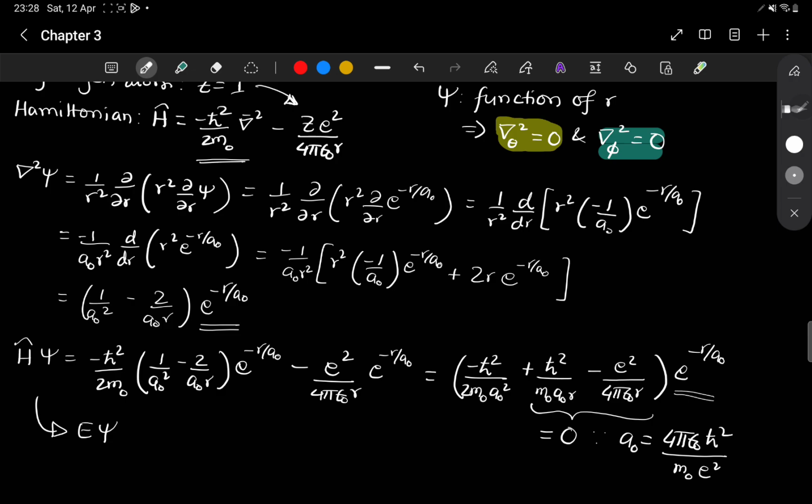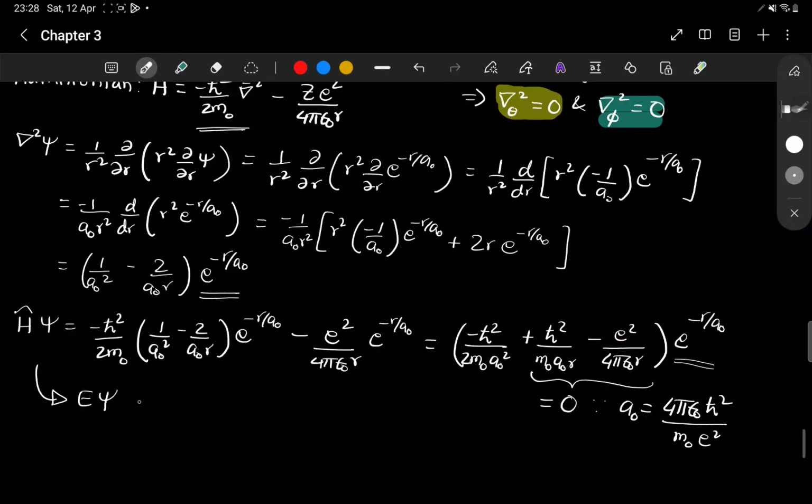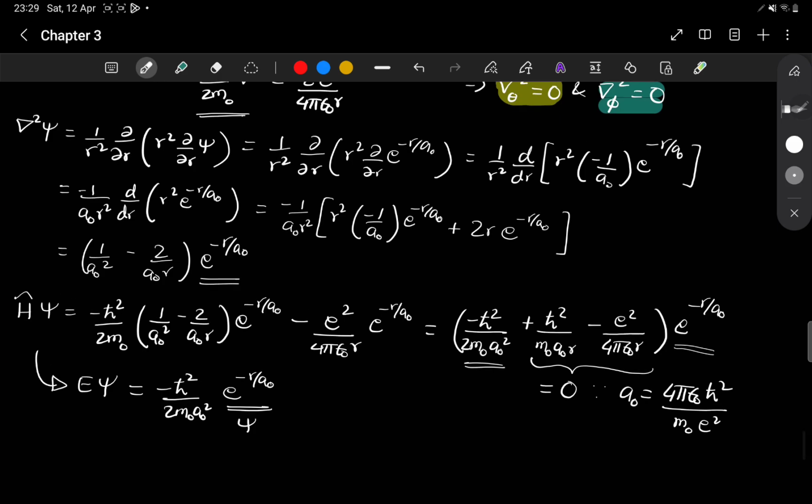You can just plug in and see. So this means that finally just this term remains, which is minus h cross squared over 2 m naught a naught squared times e to the power minus r over a naught, and this is just the wave function psi.